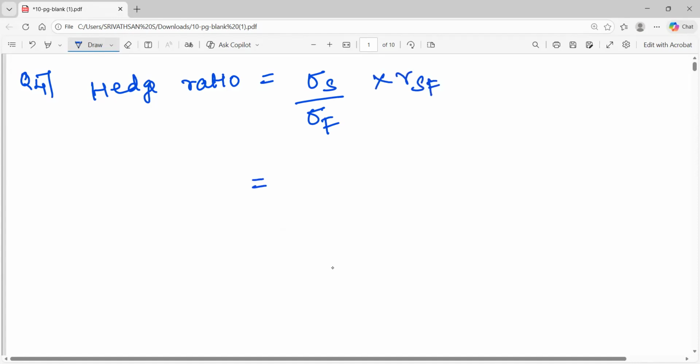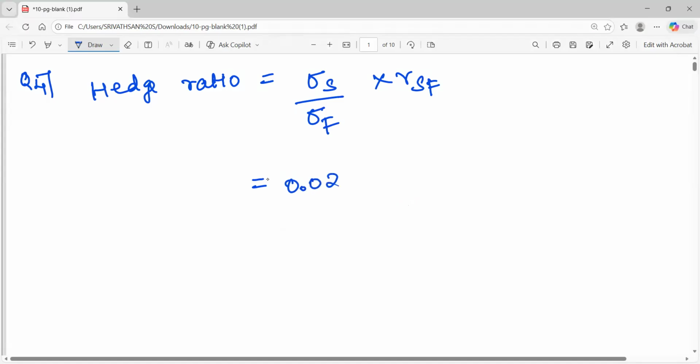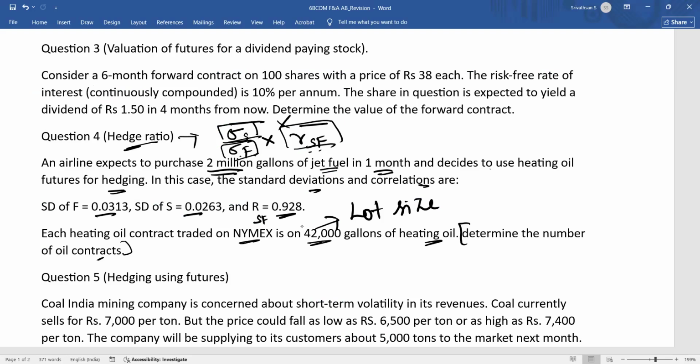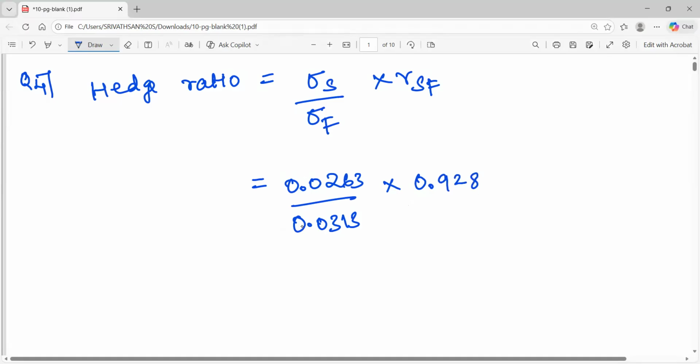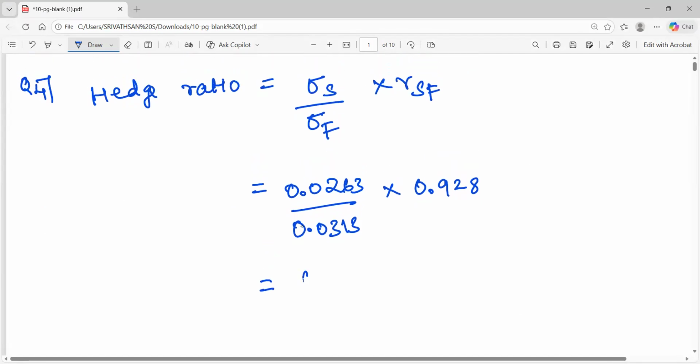What is the standard deviation of spot in this question? 0.0263 divided by futures, it is 0.0313 into correlation 0.928. How much do we get? Hedge ratio is 0.7797. Did everyone get the same numbers?